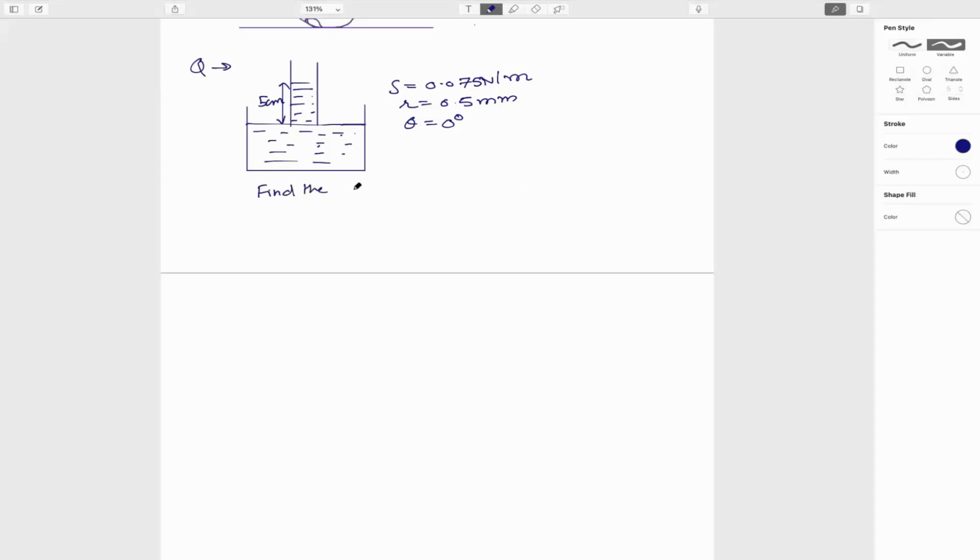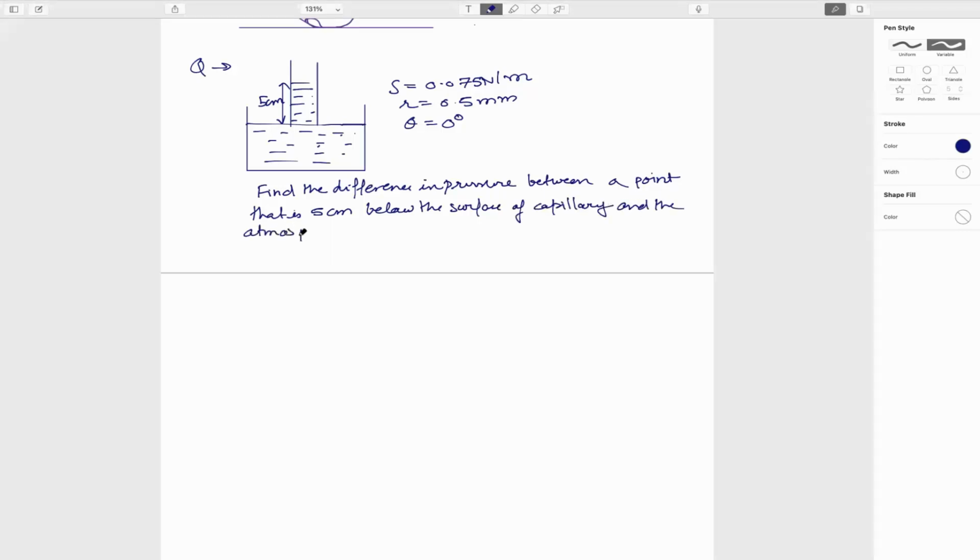Find the difference in pressure between a point that is 5 centimeter below the surface of capillary and the atmospheric pressure.